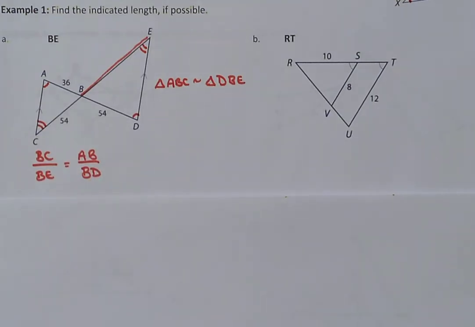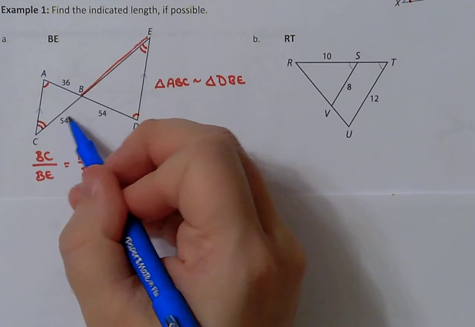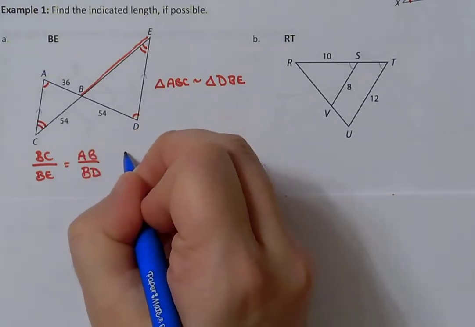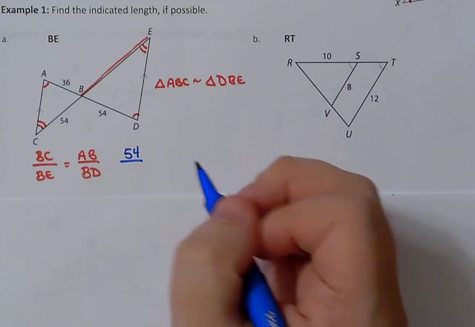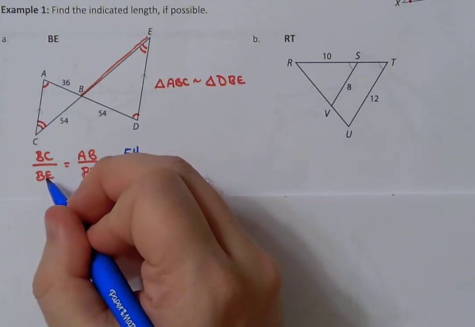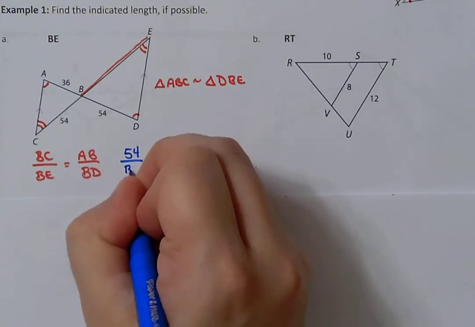Now that I have my proportion, we can plug values in. We're told that BC is 54, and we need to figure out what BE equals, so we leave that as BE.